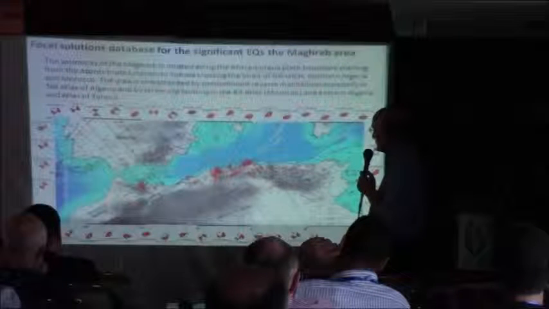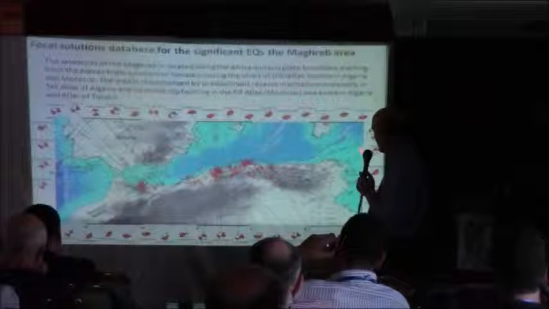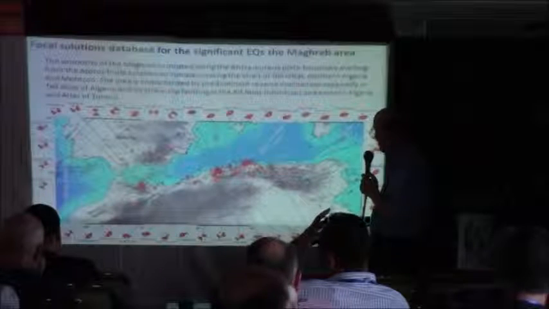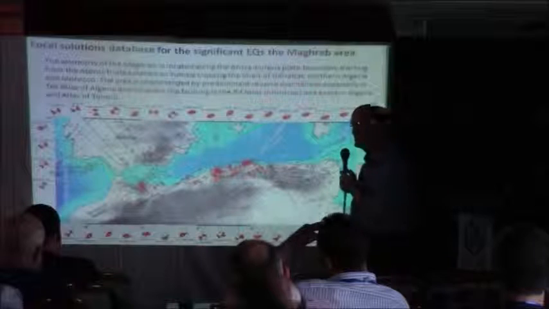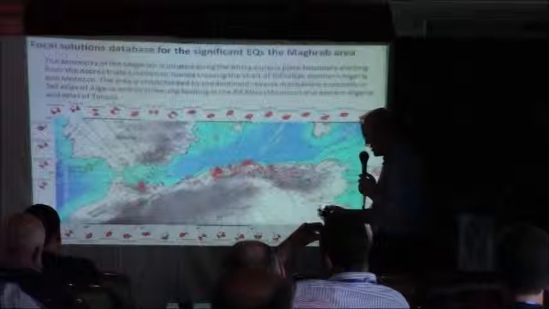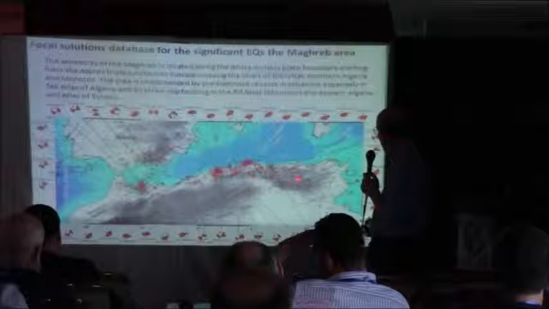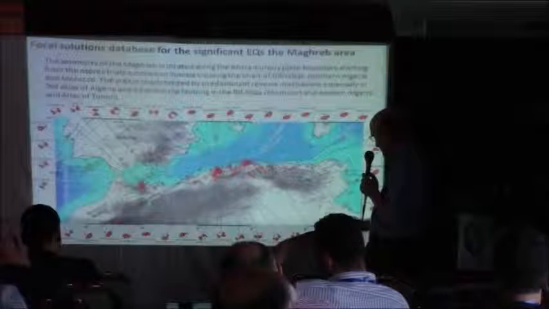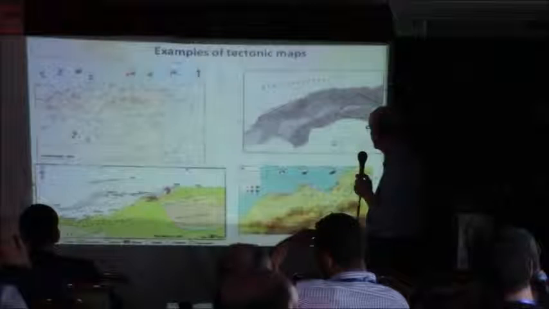We have also a database of focal mechanism solutions for the significant earthquakes. The majority of these events are reverse faults. We have also some strike-slip faults in the coastal part, but the majority of the events are reverse faults.